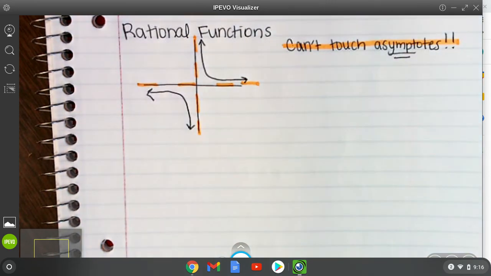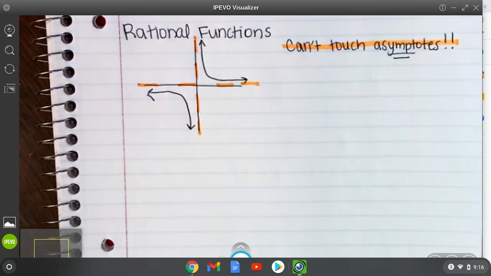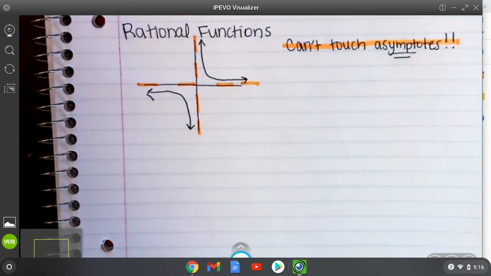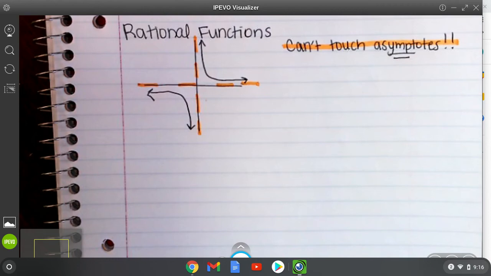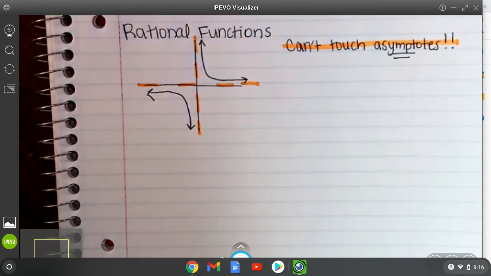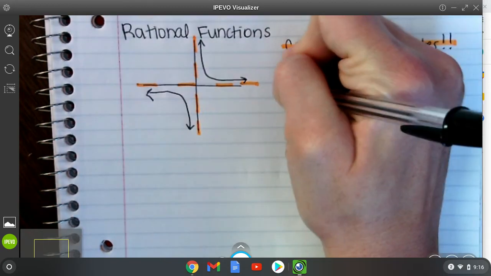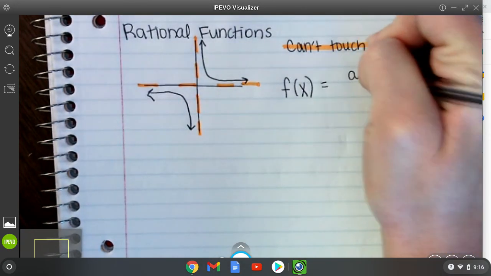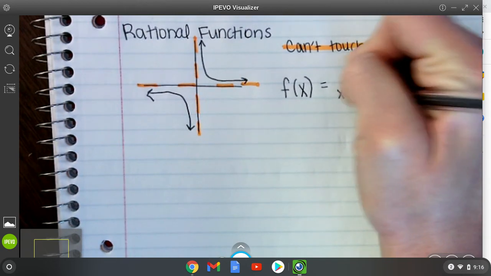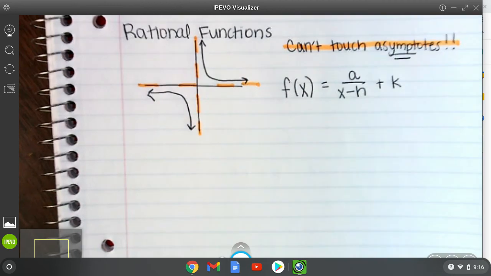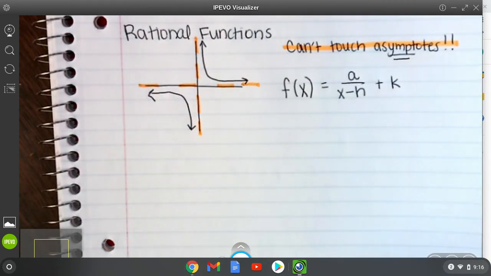All right. Something else we need before we do examples. How do you know the equations for those asymptotes? And that does dictate our domain and range. So we have a standard form of a reciprocal function. It looks like this: f of x equals a over x minus h plus k, where a, h, and k are all numbers, okay? Now, yeah, that looks complicated.